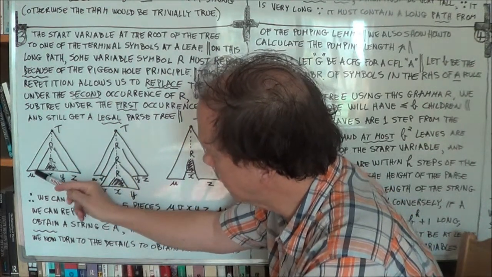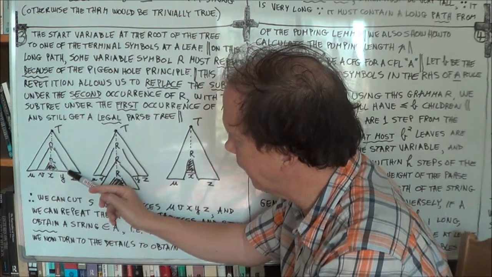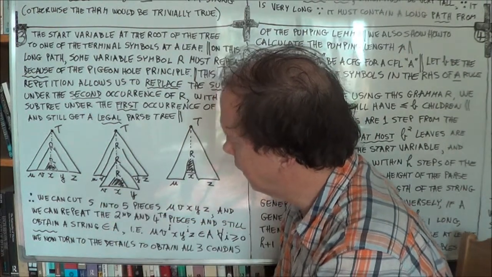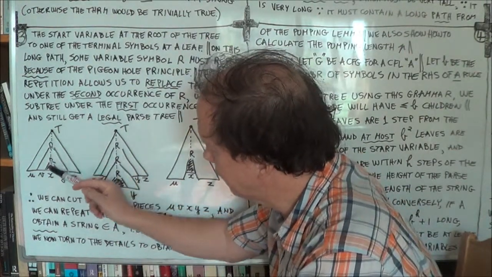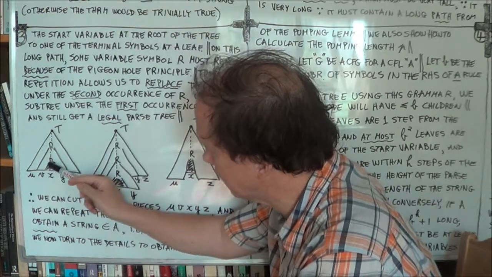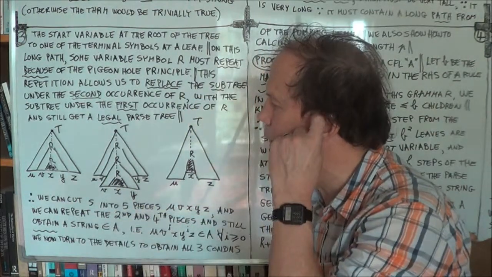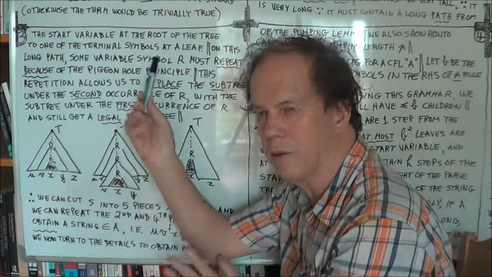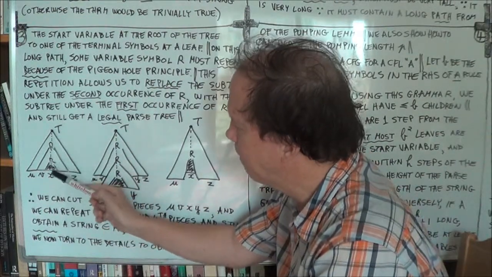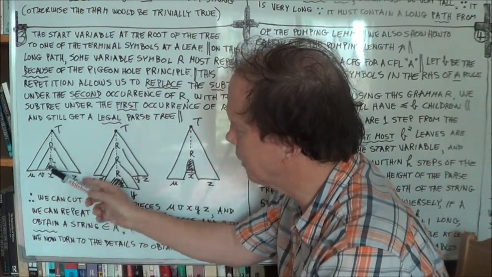Take this small subparse tree and cut it up and throw it away. So you've now got a little hole here, imagine.